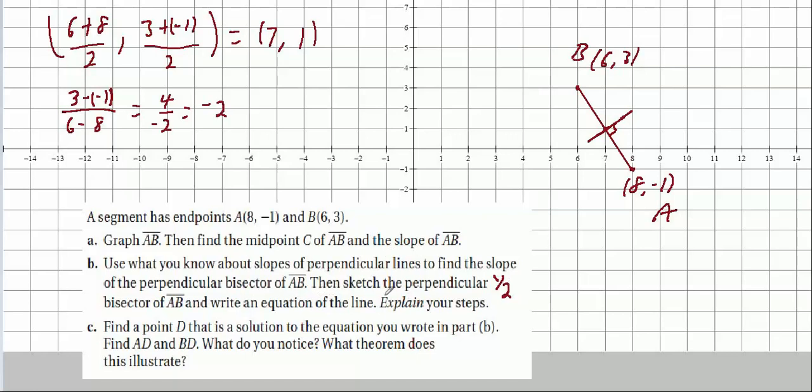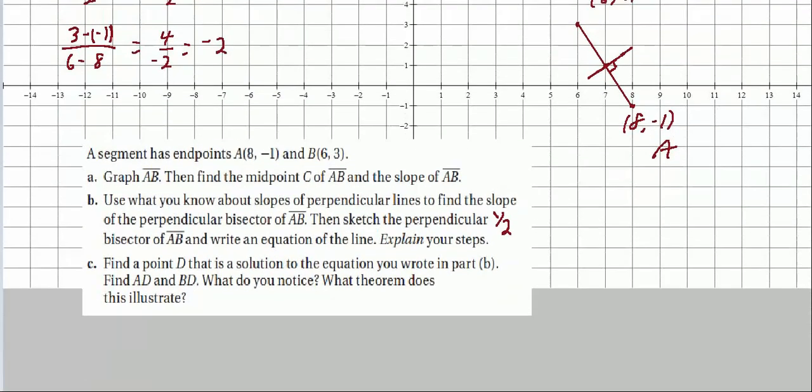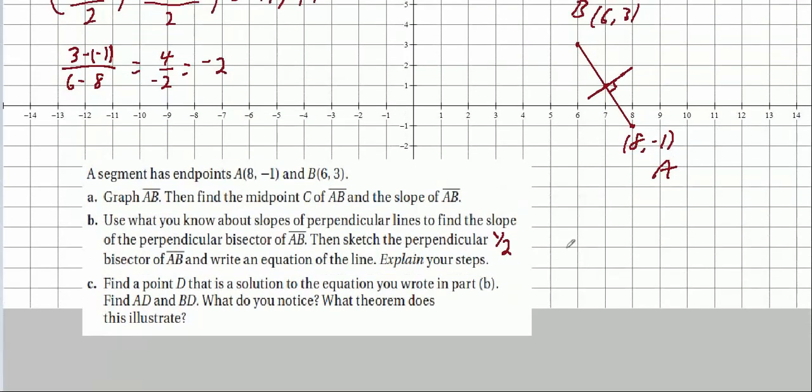So let's put our line. Gee, we're going to need more room here. It's mx plus b. In other words, our slope-intercept form, because we already have the slope. So right off the bat we can write 1/2 x plus b equals y.